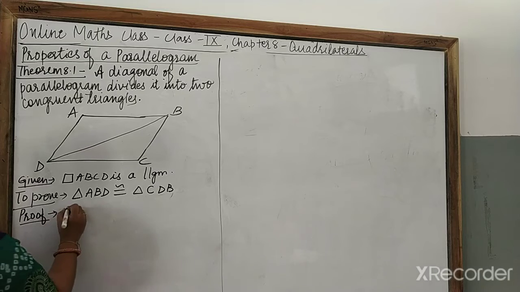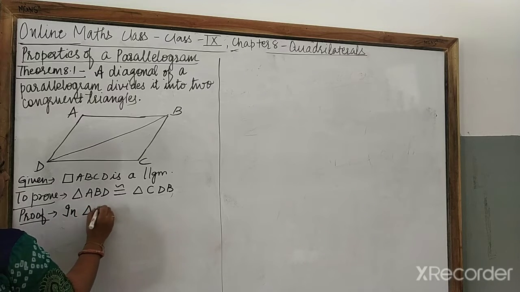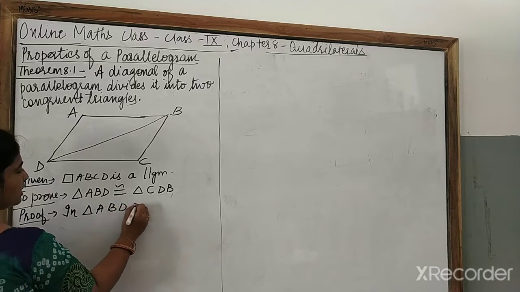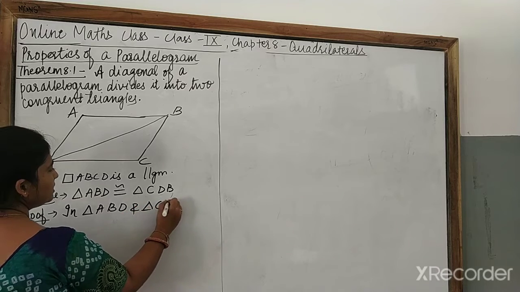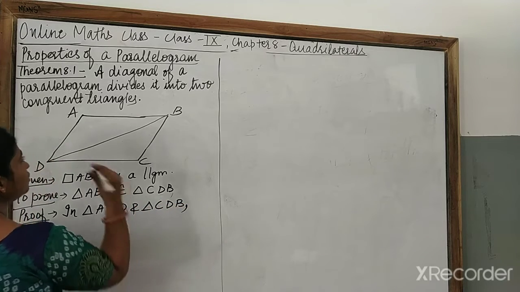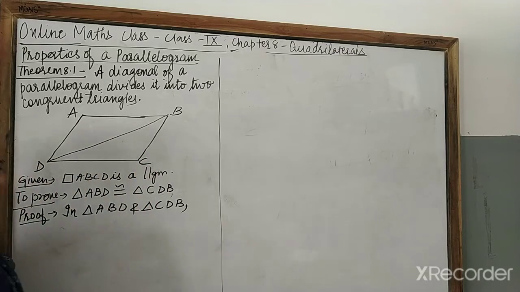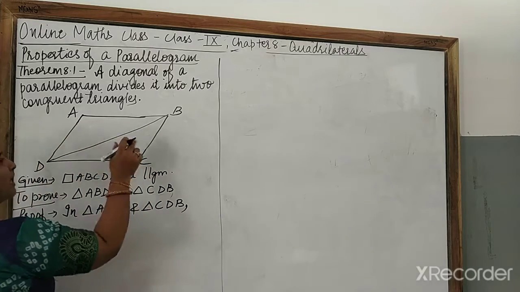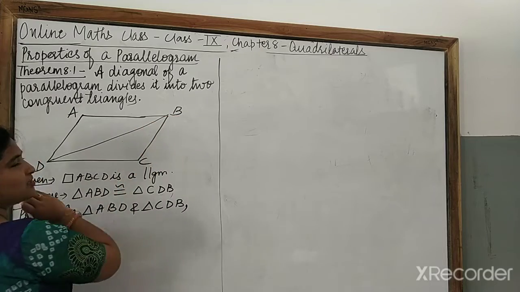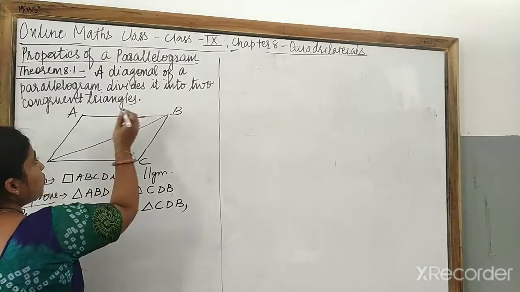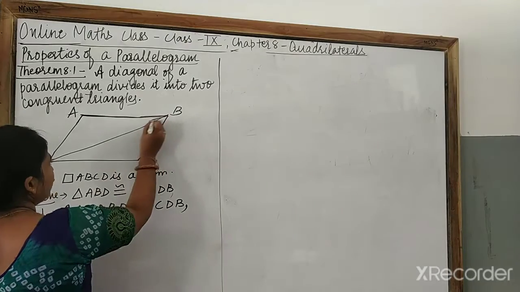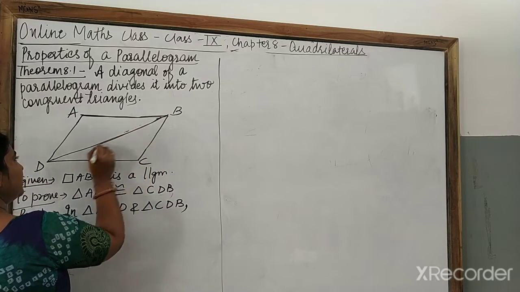So we will start in triangle ABD and triangle CDB. Can you see that AB is parallel to CD, so can I say BD is acting as a transversal? See here, can you see that we are getting a Z?